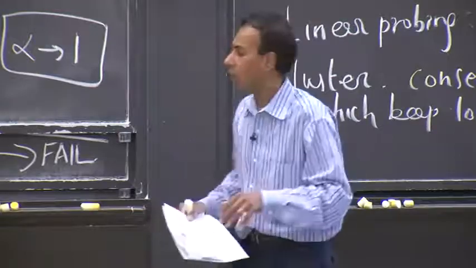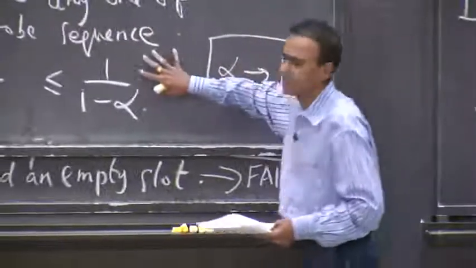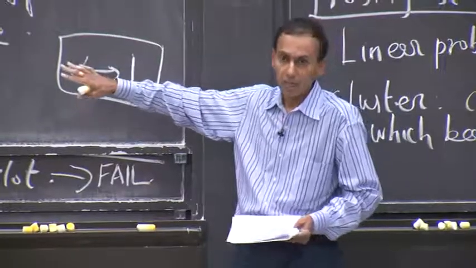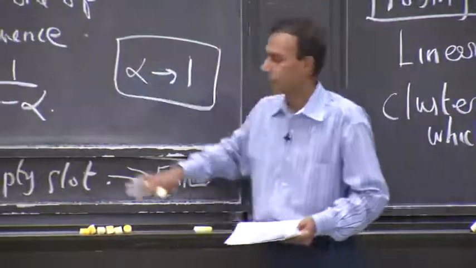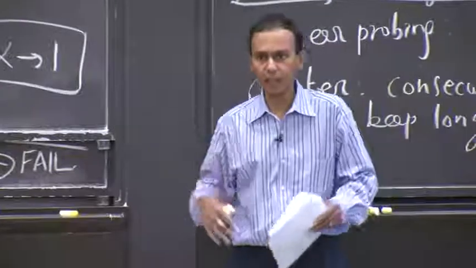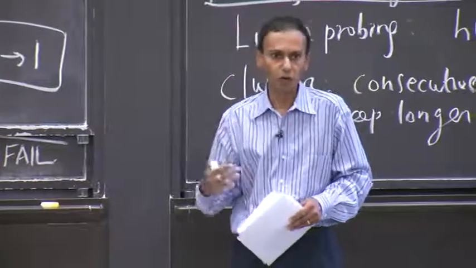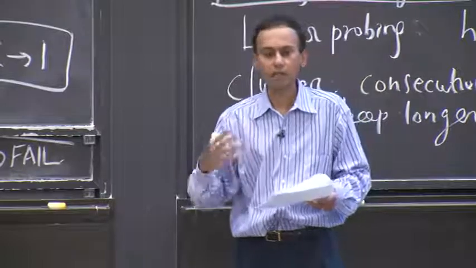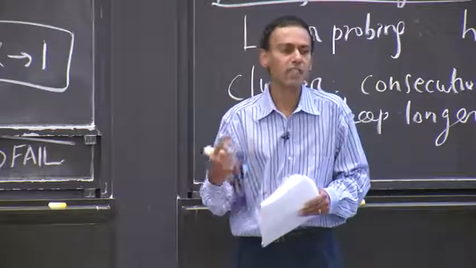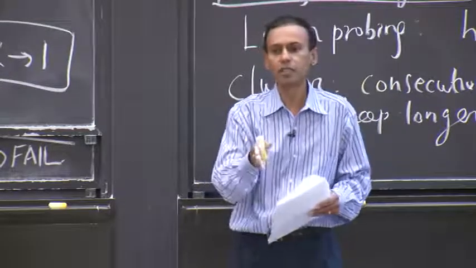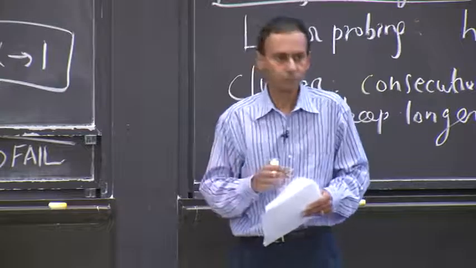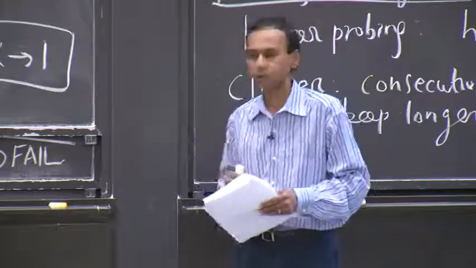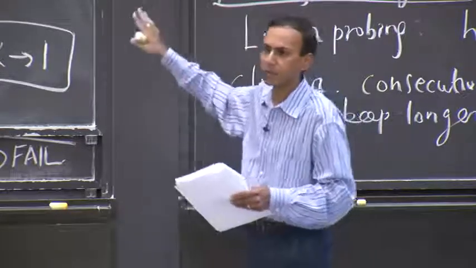Okay? So open addressing is easy to implement. It uses less memory because you don't need pointers, but you better be careful that your alpha stays around 0.5 and no more. So all that means is you can still use it. You just have to resize your table. You have slightly different strategies for resizing your table when you use open addressing as opposed to chaining hash tables. All right? So that's the summary of open addressing.